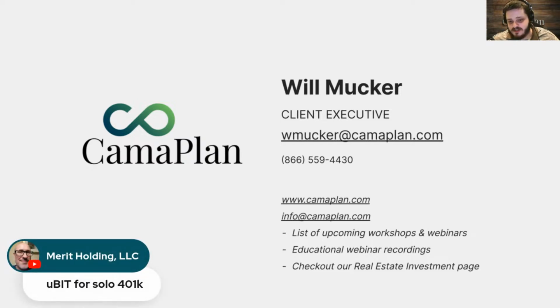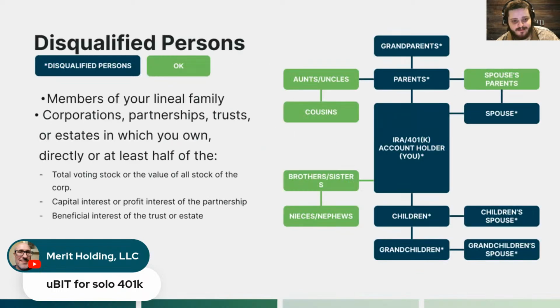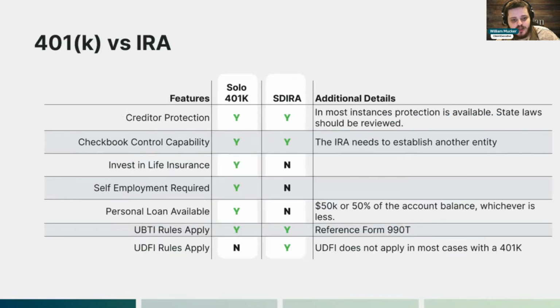We do have a question that just came in. UBIT for solo 401k. So as per our first slide, UBIT does apply to 401ks. However, UDFI does not. So the 401k is, again, a separate entity from you, similar to the IRA or a trust.